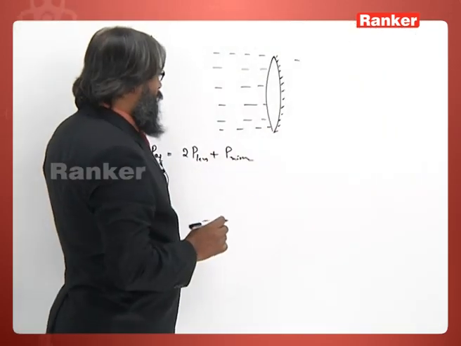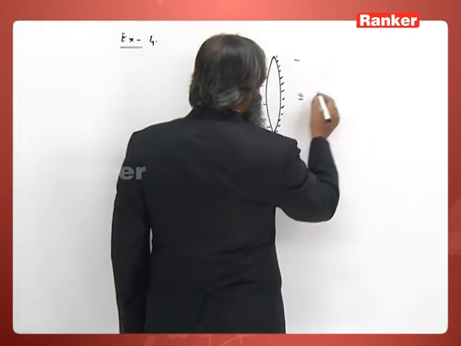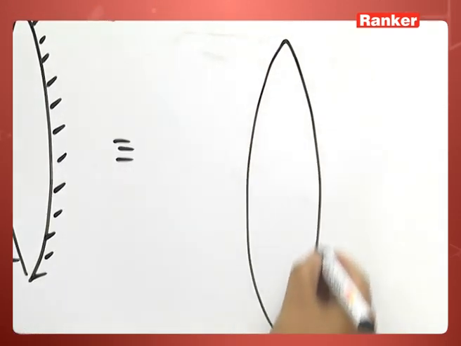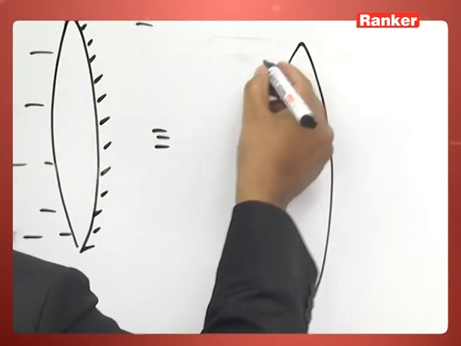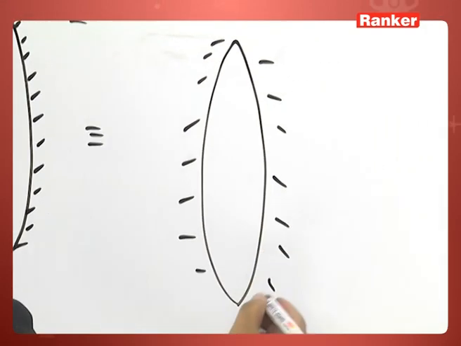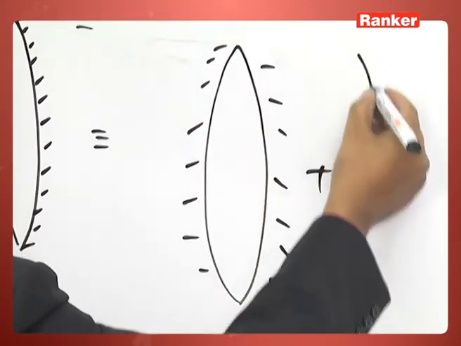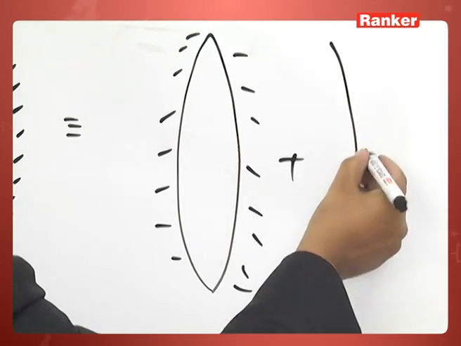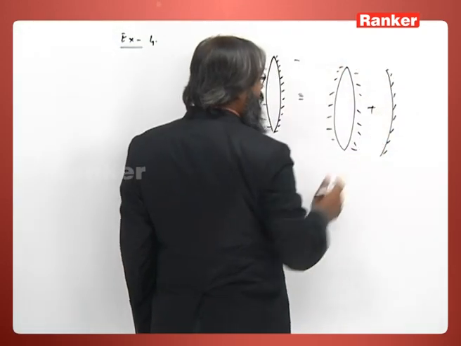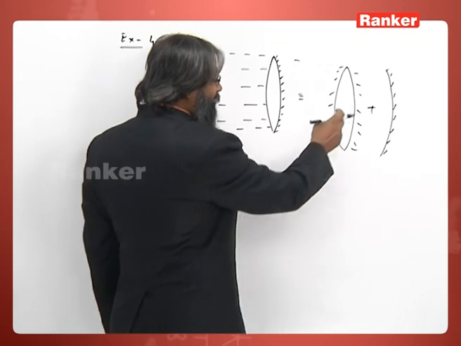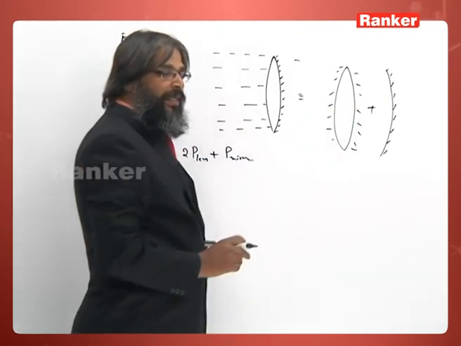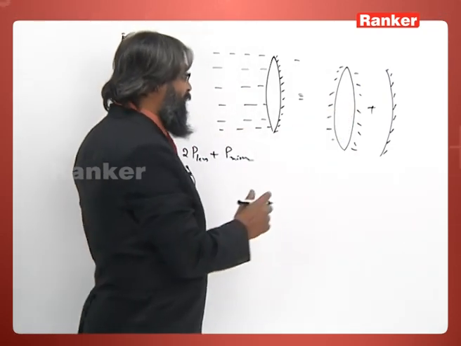So now we replace this system by this lens plus a mirror, but nothing will happen to a mirror when it is inside a liquid, but when a lens is inside a liquid, it may behave in a different manner.